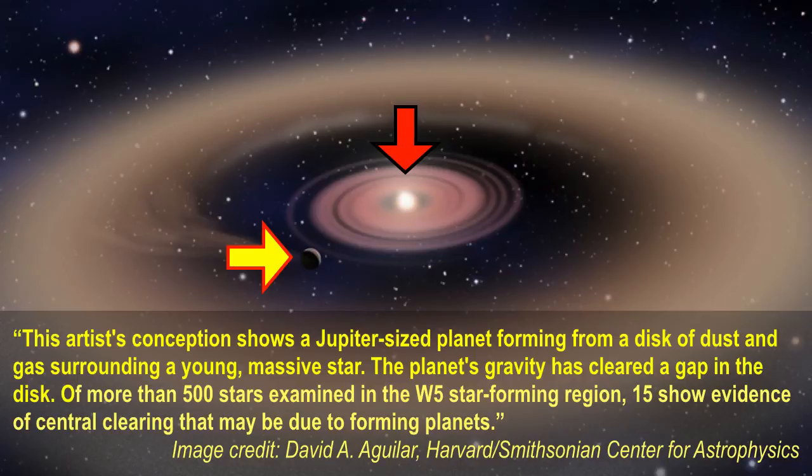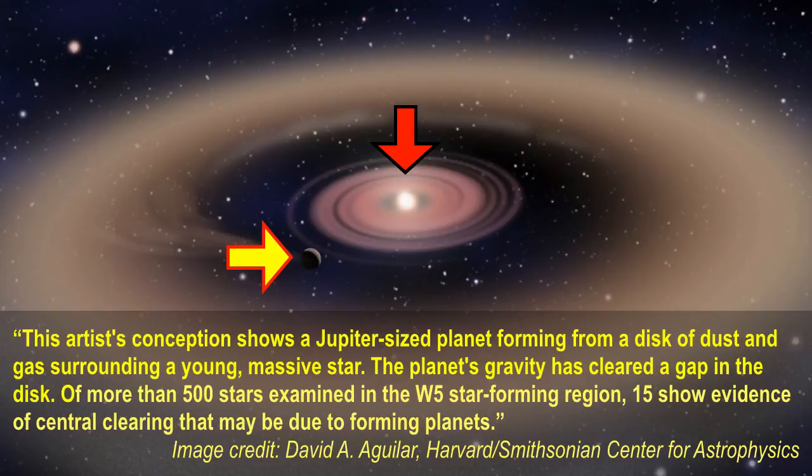And this is an important image because in the early solar system, we think that the sun was born as a star early on, and there was still a lot of stuff, a lot of gas and dust and little pebbles floating around. And then there was this clear band. Now, this planet here, we think, is doing what we think Jupiter has done, and that's clear the interior solar system.